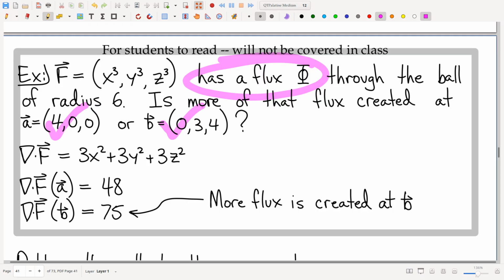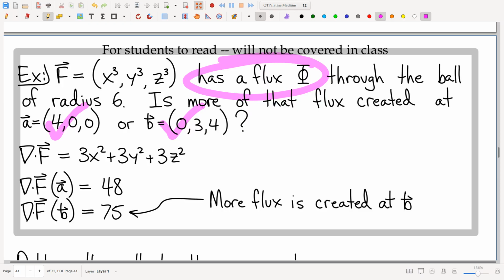Where would I find more of this stuff? Or said differently, flux being an outward flow of fluid, where's that fluid coming from? Is it more so coming from the point A, or is it more so coming from the point B?